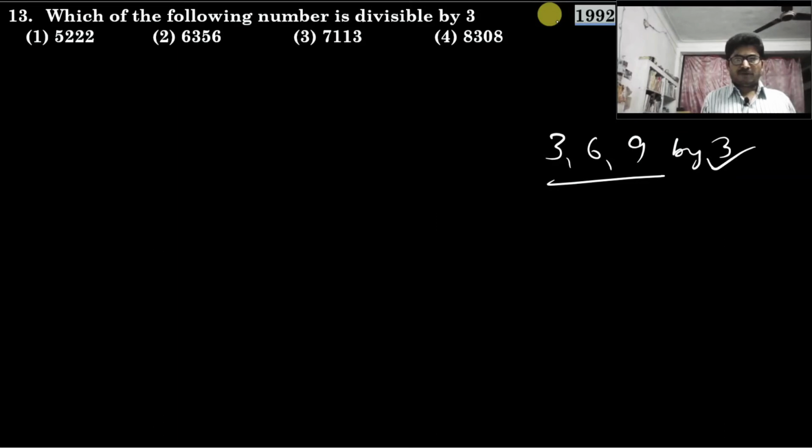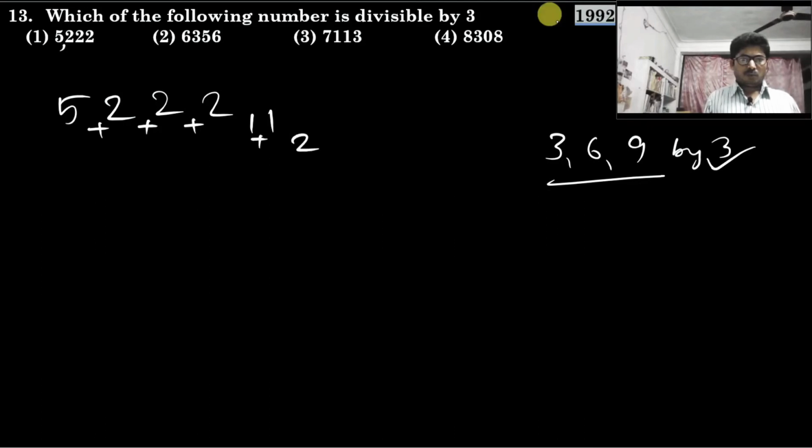So that's why we have to find the digital root for these numbers. 5222: 5 plus 2 is 7, 9, 11, so 2. So this number is not divisible by 3.